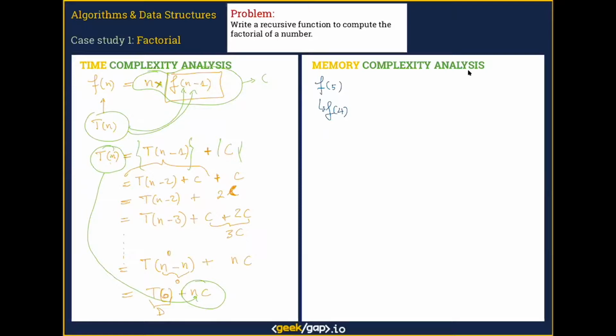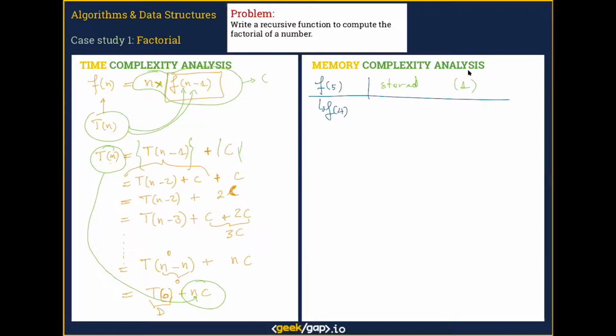While waiting for factorial of 4, the computer has to store this somewhere, right? So this is stored while we are computing the ones below, which already takes one space in memory, one store location.